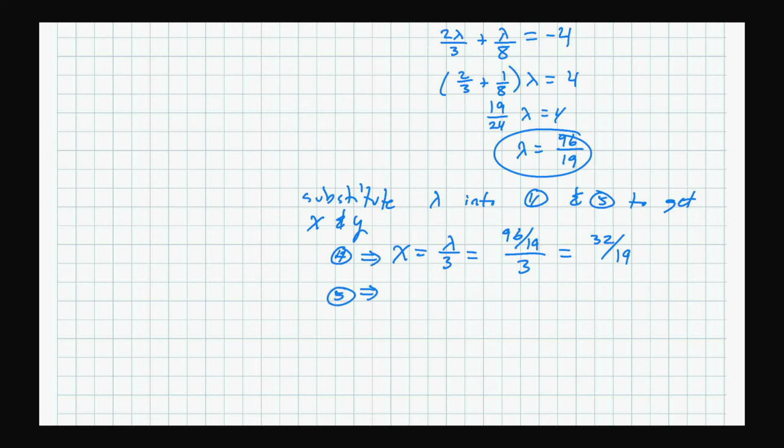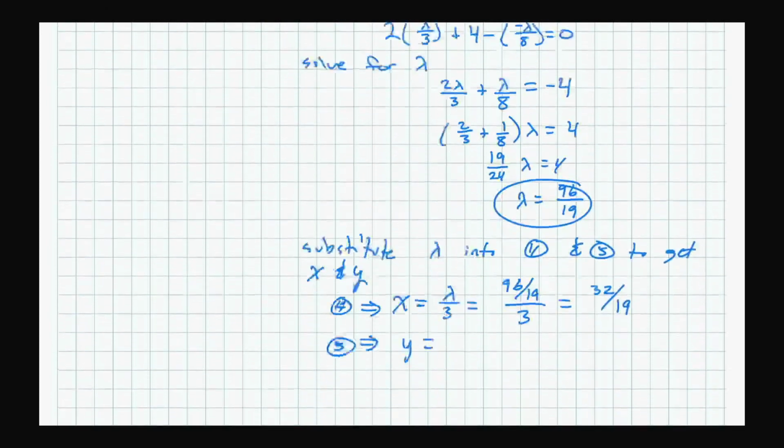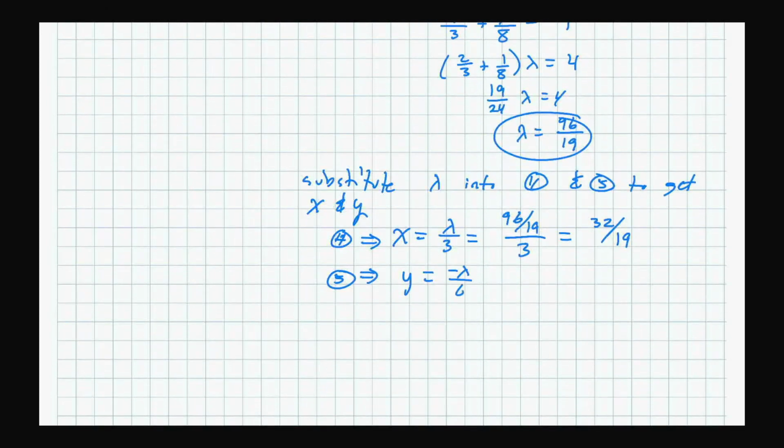And equation 5 was y equals negative lambda over 8, which is negative 96 over 19 over 8, which is negative 12 over 19.